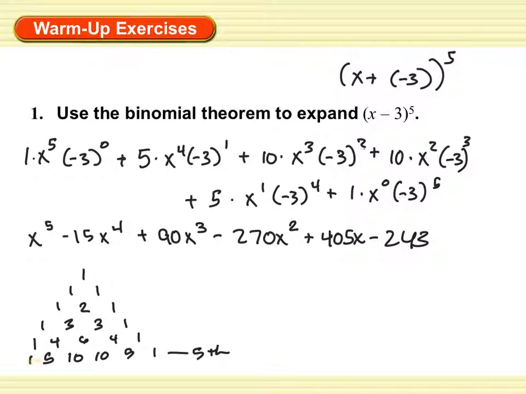First thing I did was right here. I needed my fifth row of Pascal's triangle because these are the coefficients that I use for my expansion. Right? Then we take the first term to the fifth power, second term to the 0 power. We go down by 1, and we go up by 1.